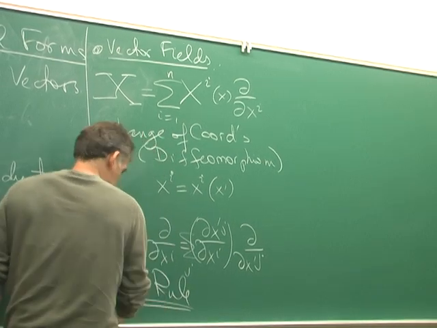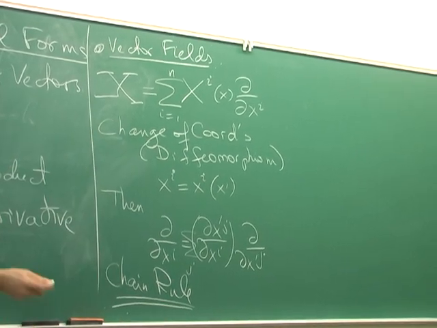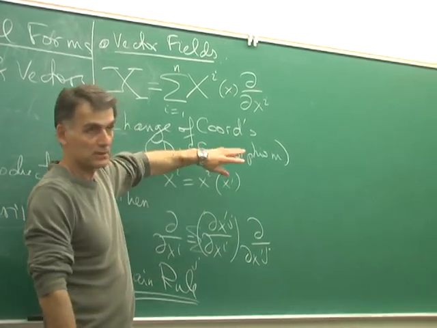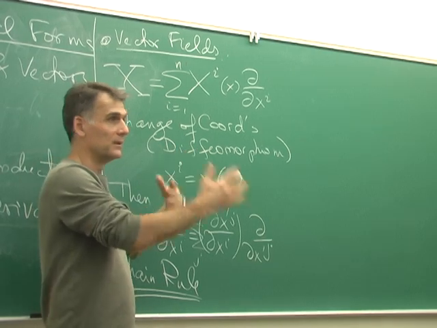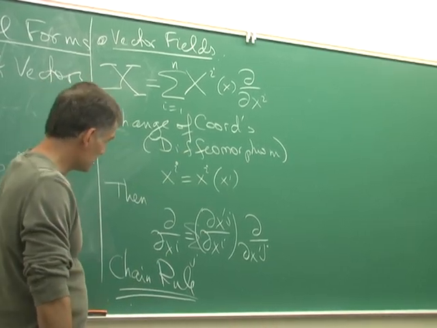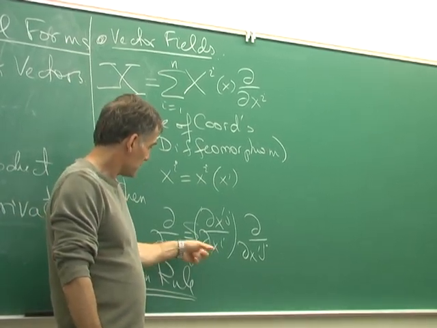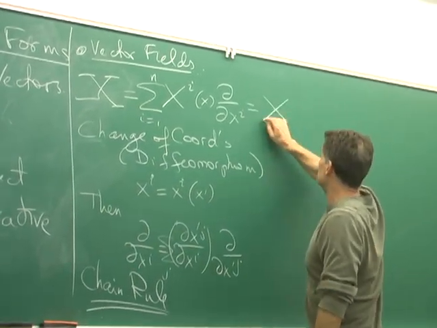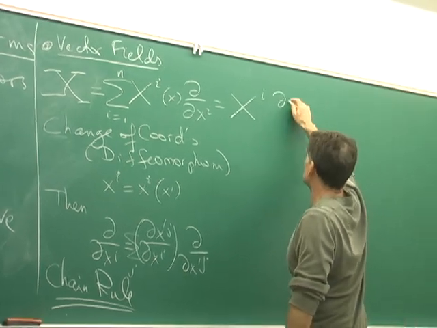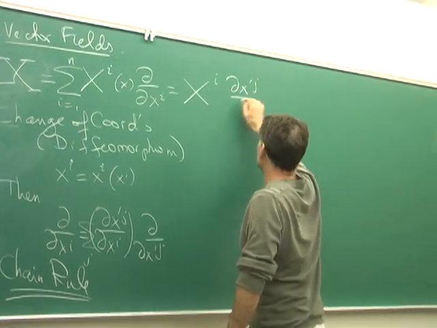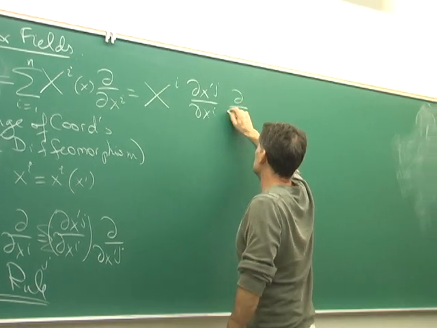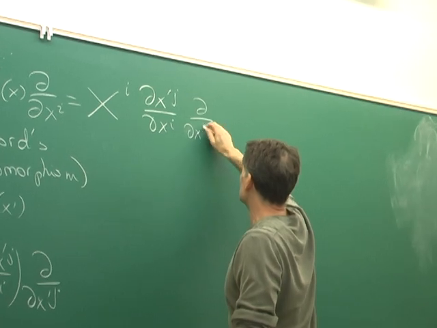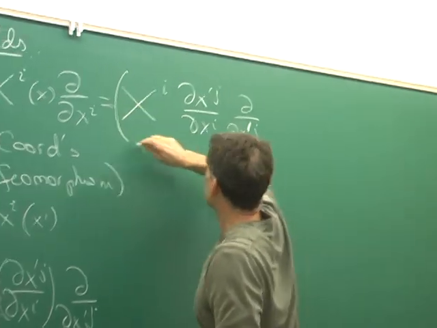That's one of the most important things in differential geometry. Everything is based on that chain rule because you change coordinates all the time. To cover a manifold, you use different coordinate systems. If you take that and substitute here, then of course that will become the sum of a_i ∂x'_j/∂x_i ∂/∂x'_j.